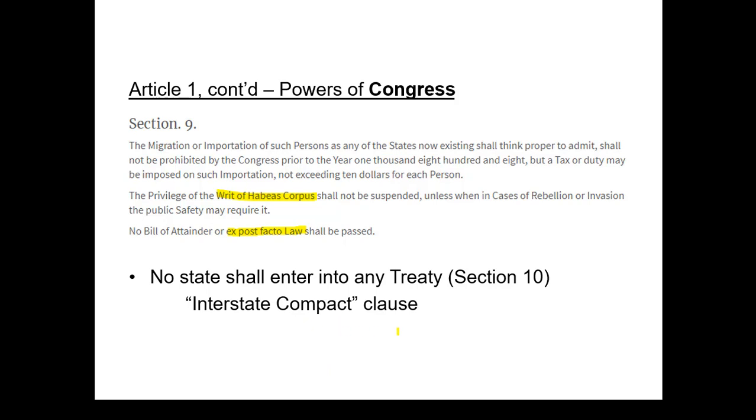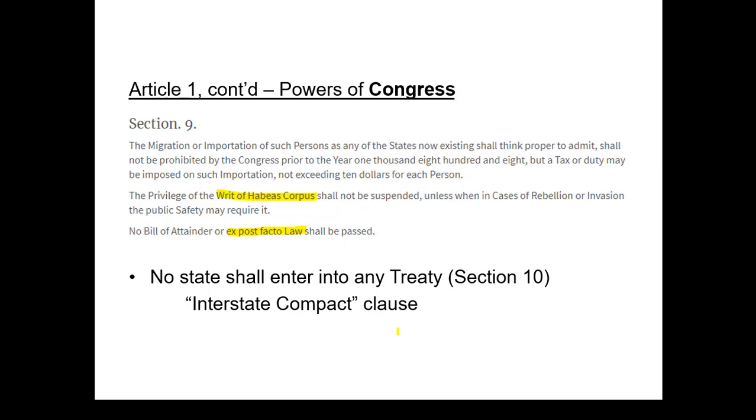In Section 10, one of the biggest threats to our new country under the Articles of Confederation was that the states were looking at perhaps dealing with other countries on their own. That could have been a death blow to the United States. For example, if Virginia had aligned with France and New York had aligned with England, there could have been some serious conflict immediately between the states.